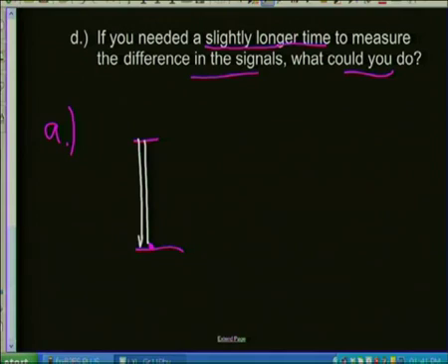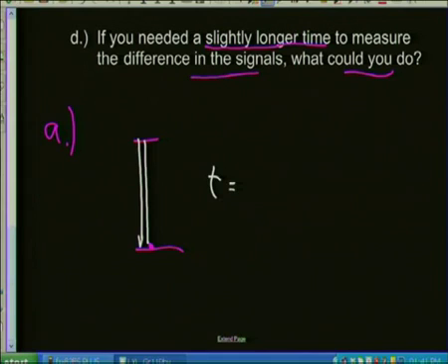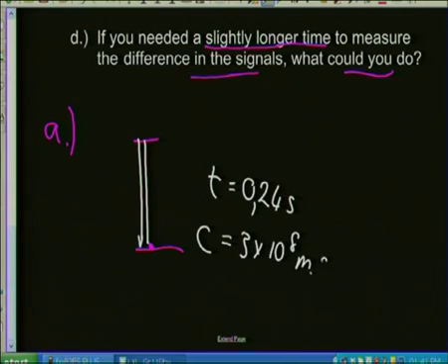It's going vertically up, and it's coming directly down, and we can measure the difference in time. Hope you've got that. So we recognize that the time for the signal is 0.24 seconds. What else do we know? Well, as I mentioned to you earlier, we know that the speed of light will travel at 3 times 10 to the 8 meters per second.